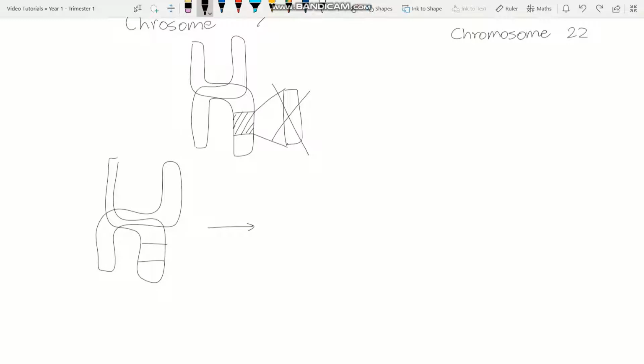So what I mean by that is that the chromosome will be this long. Because we've added another one of these regions to it.